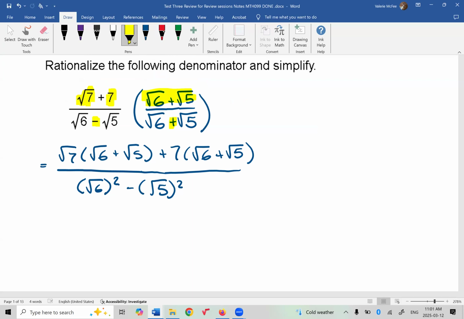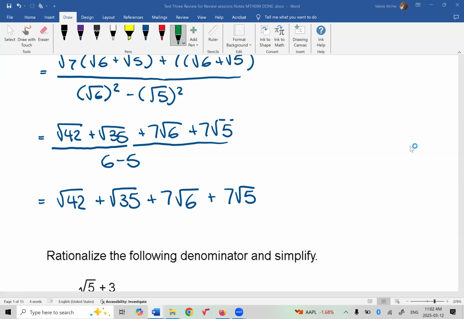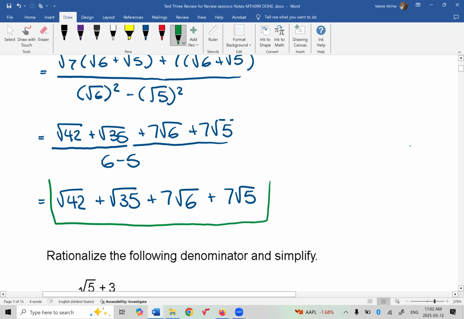In the denominator, we have a minus b times a plus b, so we're using our formula a squared minus b squared. Once you're finished and you know you have a final answer, it's always a good idea to put a box around it so that when we're marking your work, we know where you've finished.